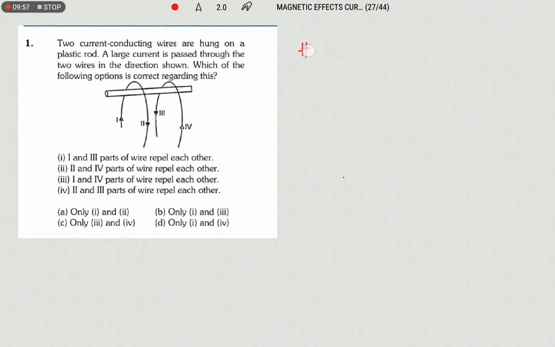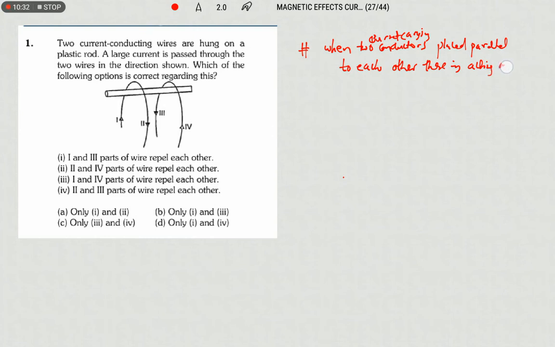The concept behind this is: when two current carrying conductors are placed parallel to each other, there is a force acting on them due to the magnetic field.